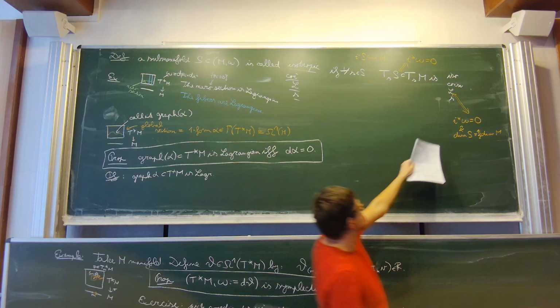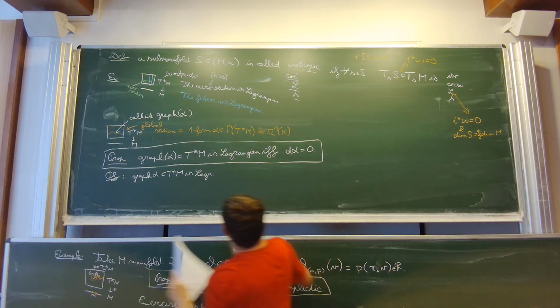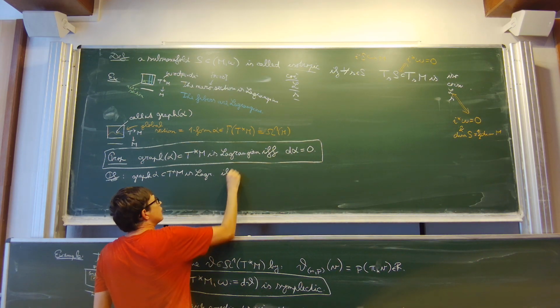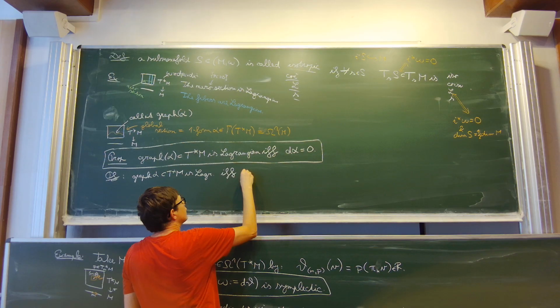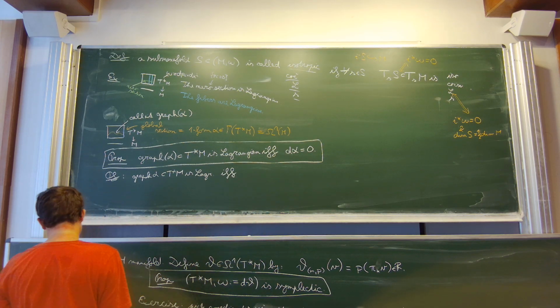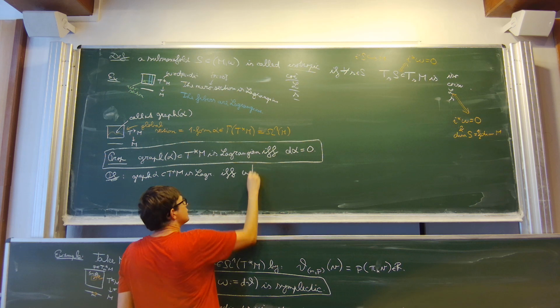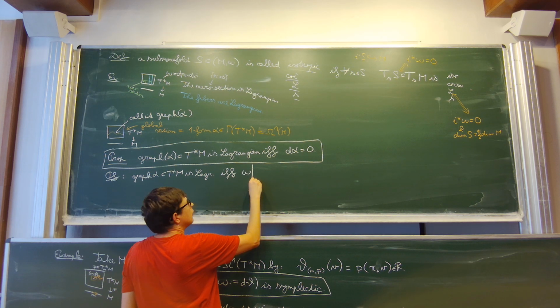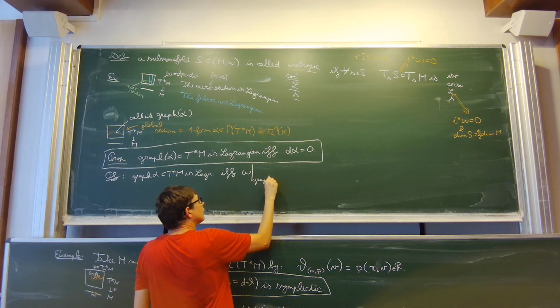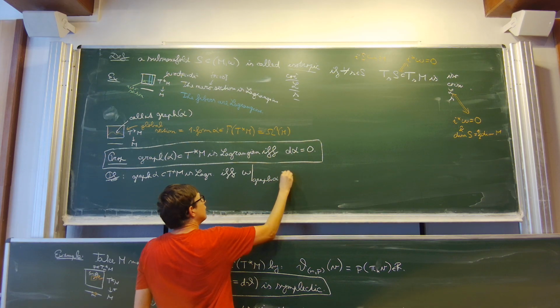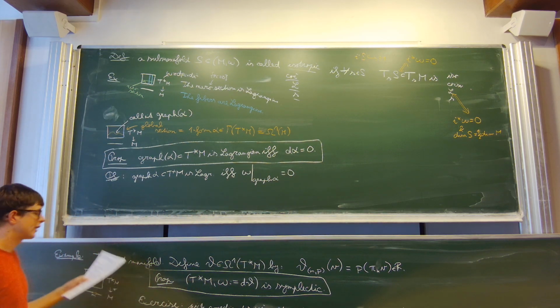So the second thing holds. So let's check that it is Lagrangian if and only if the first condition holds. So we need to check that if I take omega and restrict it to that submanifold, the graph of alpha, this is 0. That's what we need to check.